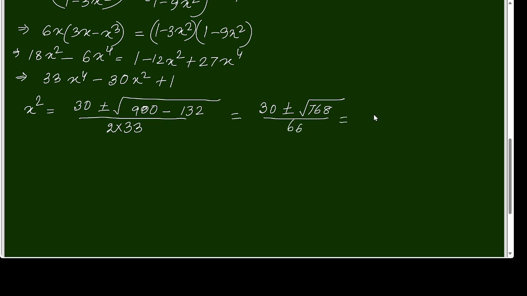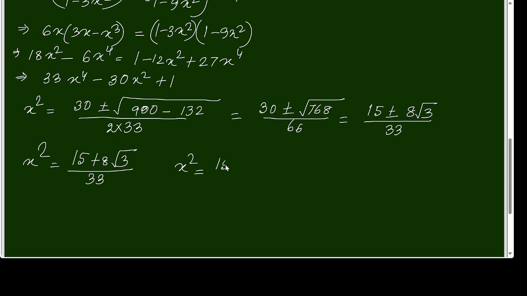On simplification I'll get 15 plus minus 8 root 3 over 33. So x square has two values now. One is 15 plus 8 root 3 over 33, and the other is x square equals 15 minus 8 root 3 by 33.